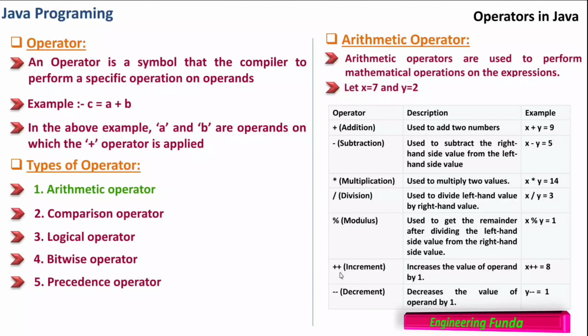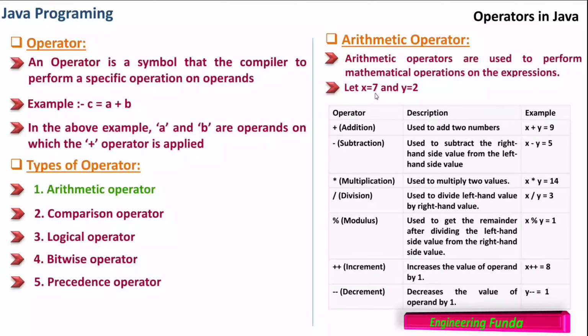Then there are two very important operators belonging to the category of arithmetic operators, that is plus plus and minus minus. Two consecutive plus signs in Java is called an increment operator and two consecutive minus signs is called a decrement operator. So from the example, x plus plus will increment the value, or increase the value of the operand, by 1.